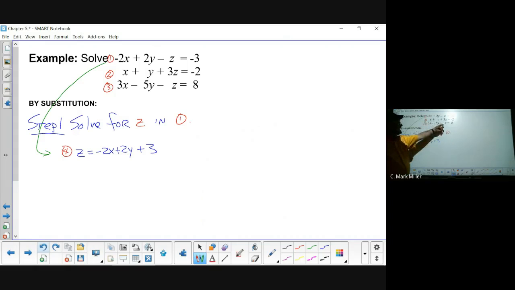Parker may want to do z in equation 3. It doesn't matter. Mika Ray, she's cranky. She might want to do y in equation 3. She likes fractions. Just ragging on it. Nobody likes fractions. But you can solve for any equation or any variable in any of the equations. I pick one that has a plus or minus 1 in front of it. And so this is equation 4.